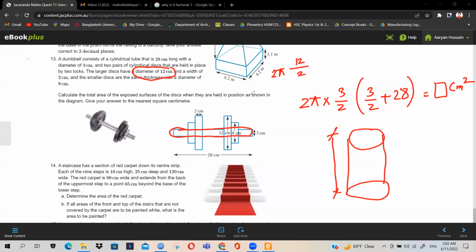Now, this is the width that they're saying, right? Consider this cylinder. What is the height of this cylinder? Very short, right?